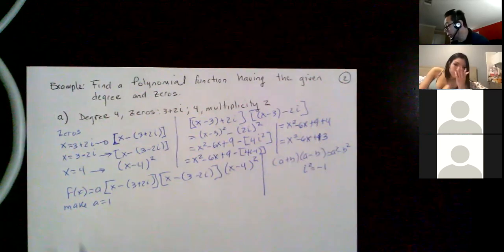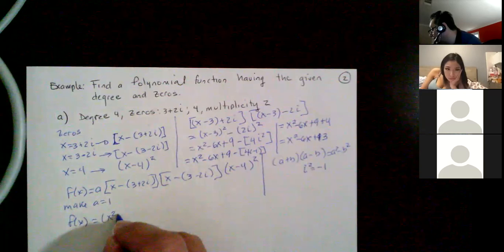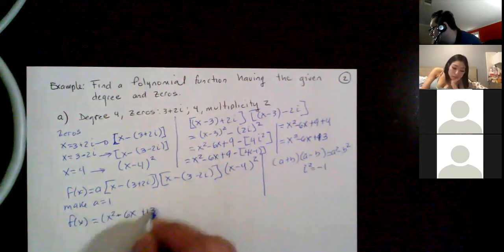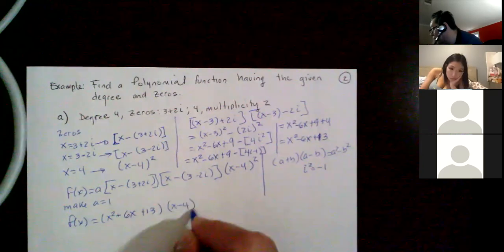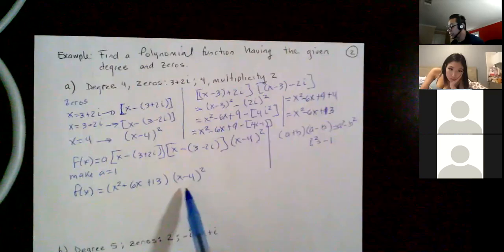If we make a equal to 0 now, f of x is equal to x squared minus 6x plus 13 times x minus 4 squared. Is that clear? Next, we're going to square this binomial, x minus 4 squared.